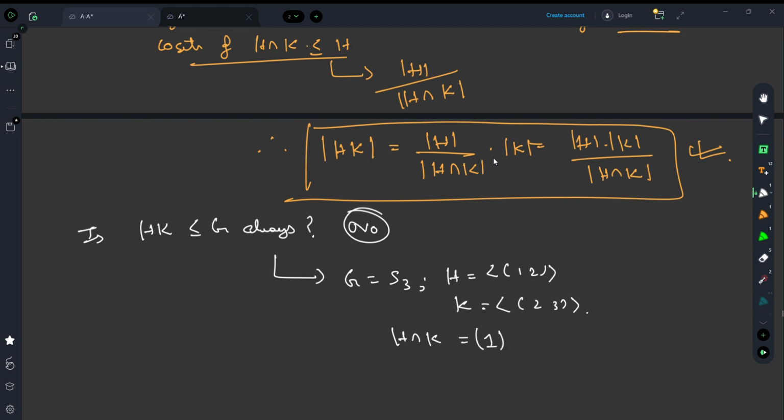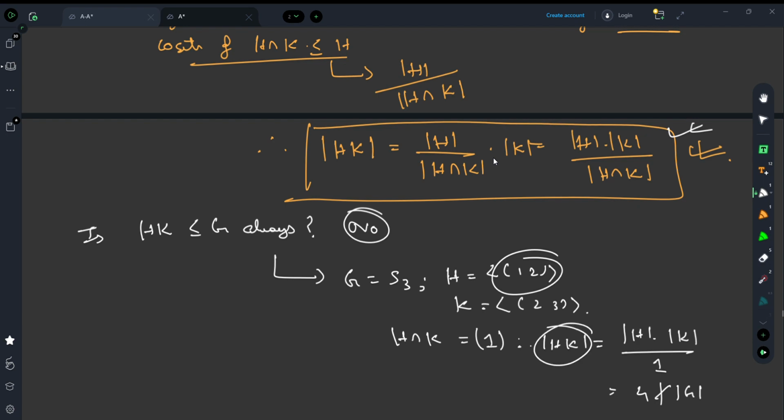Therefore, the order of HK, from here, must be order of H times order of K divided by 1. But order of H is 2, order of K is also 2, so it's precisely 4. But order of G is 6. So this does not divide order of G. So HK cannot be a subgroup of G. It doesn't obey Lagrange's theorem.